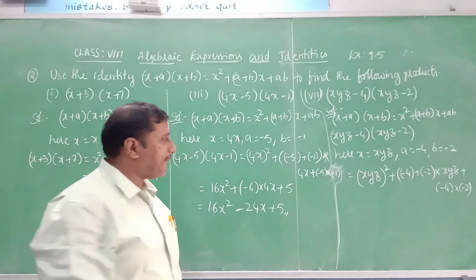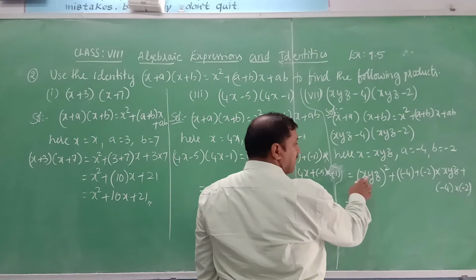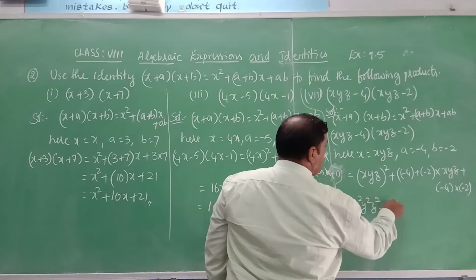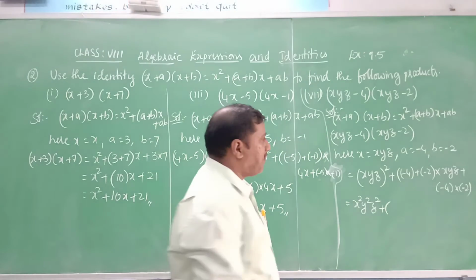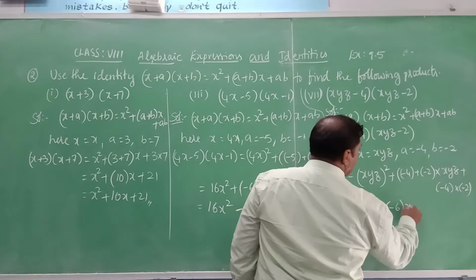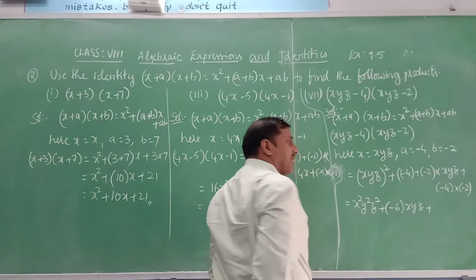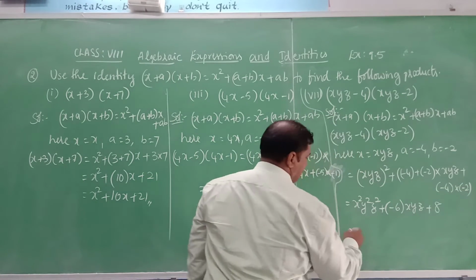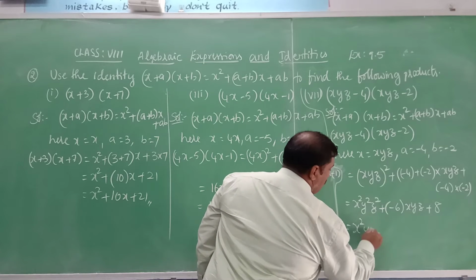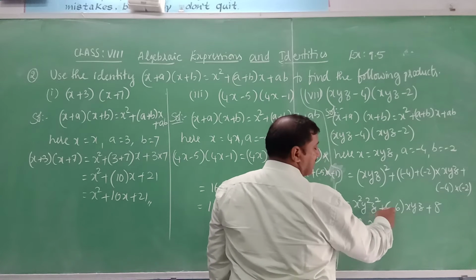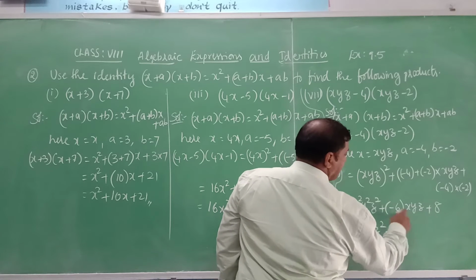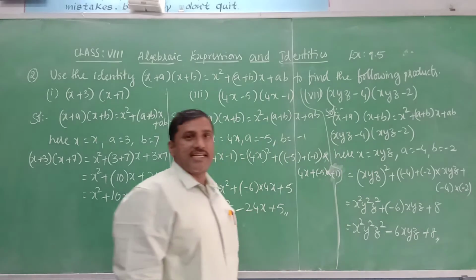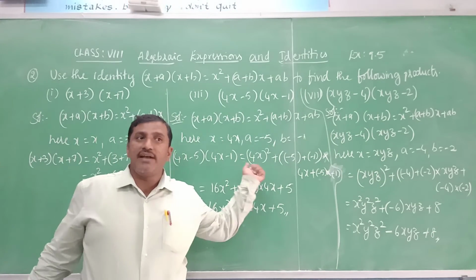Now simplify. xyz whole square means x square y square z square, plus minus 4 minus 2 is minus 6, minus 6 into xyz, plus minus 4 into minus 2, it is minus into minus plus, 4 into 2 it is 8. Now it is x square y square z square, plus minus into minus, 6 into xyz, it is 6xyz plus 8. So like this we will find the products using the fourth identity.